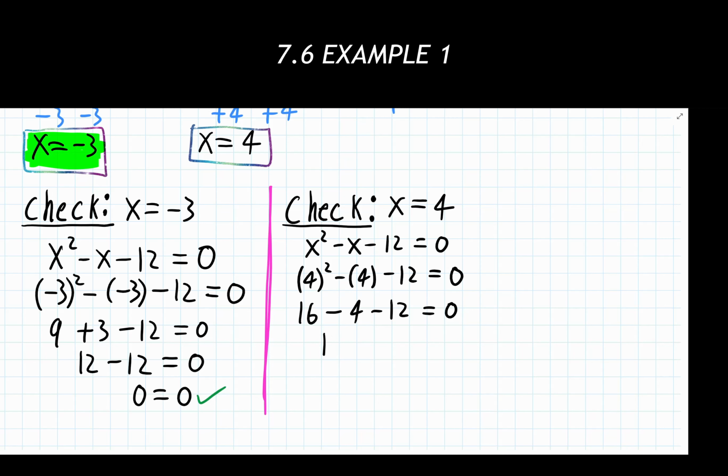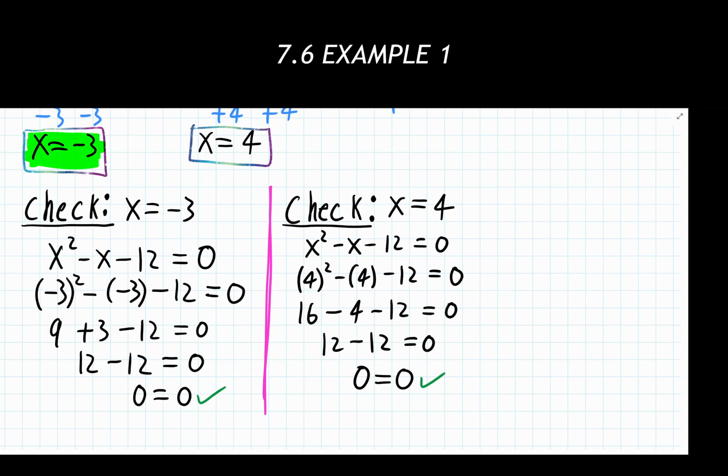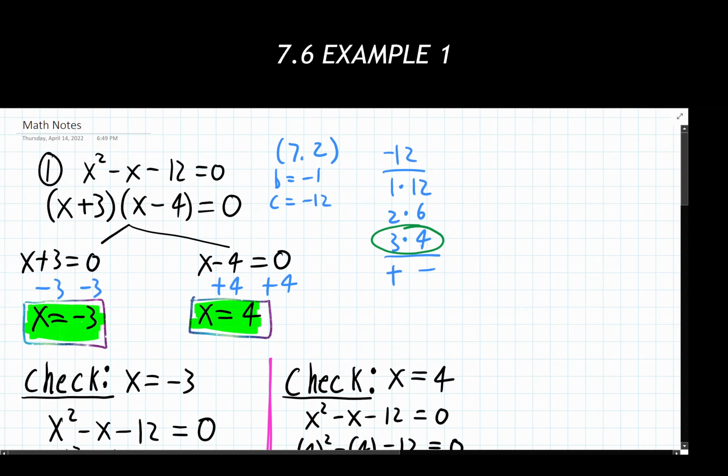Oops, make that a better 12. There we go. And I'm getting 0 is equal to 0 again, which is perfect. Both sides are the exact same, which means we have our two final answers of x equals negative 3 and x equals 4.